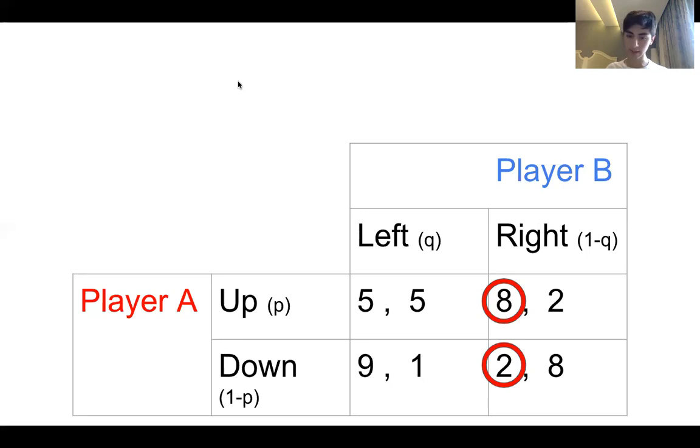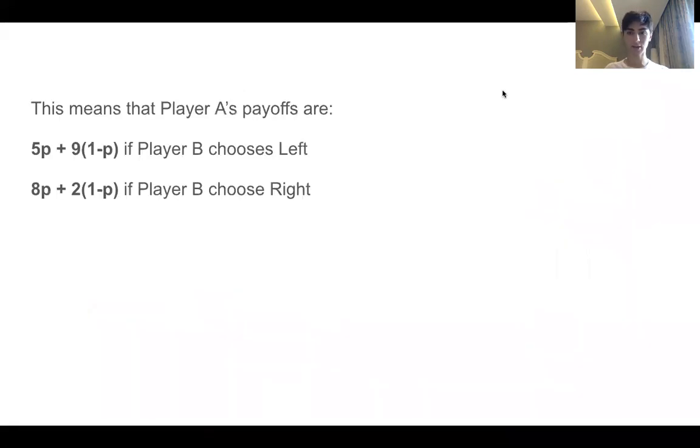So the expected value is 8 times P. If player A goes down, then they will get 2 points, and they're doing that with a probability of 1 minus P. So then they'll do 2 times 1 minus P. So the total expected value is 8P plus 2 times 1 minus P. Does that make sense?